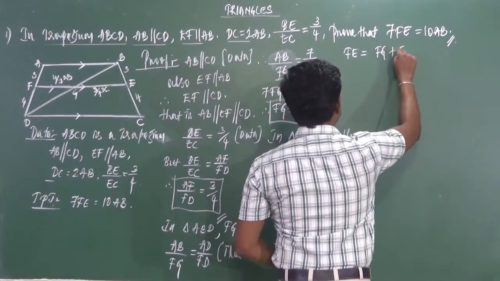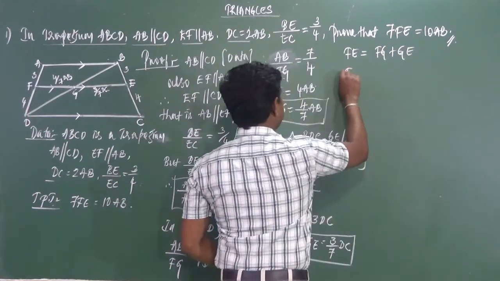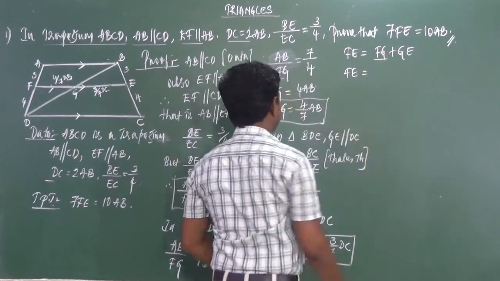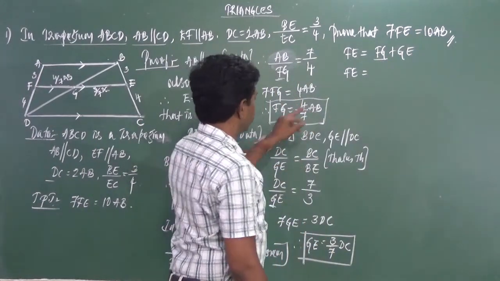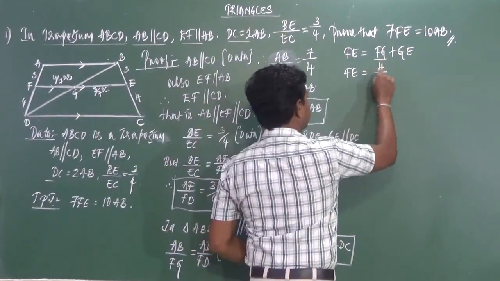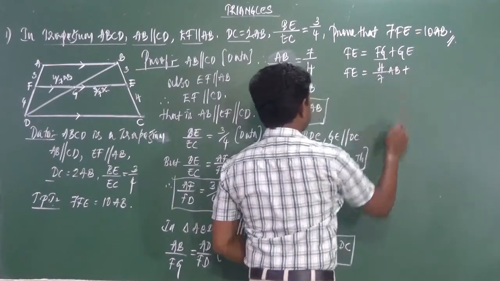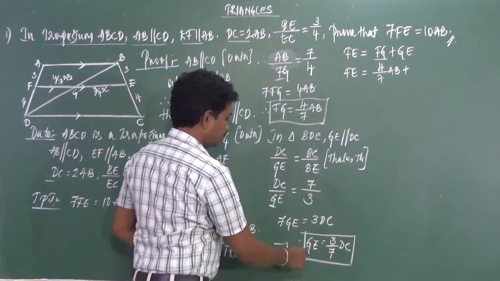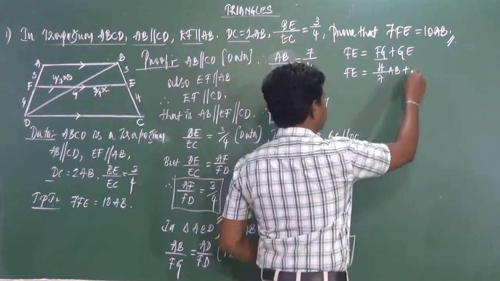So FE is equal to FG plus GE. FG value is ready, that is 4 by 7 AB. So I will write 4 by 7 AB plus GE. GE value is ready, that is 3 by 7 DC.